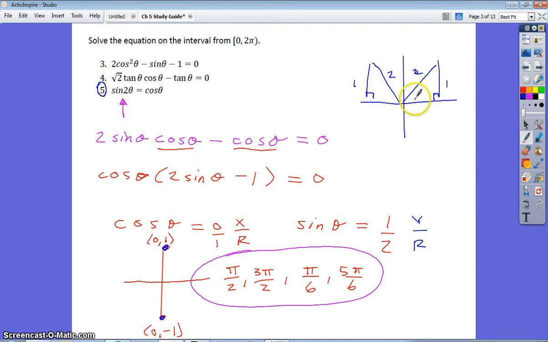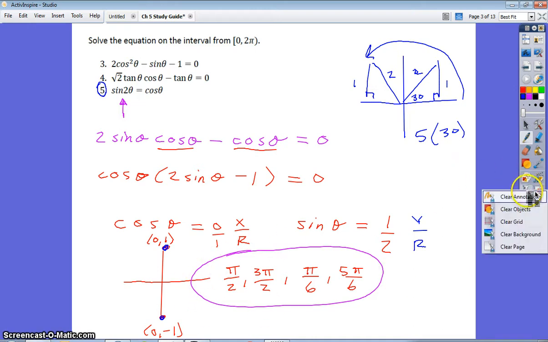Alright, so this is a 30 here, and 30 is pi over 6, since 180 divided by 6 is 30, and the other value is at 150. How many 30s fit in 150? 5 of them. 5 times 30 is 150, so that's 5 pi over 6. Okay, so that's our solution there.